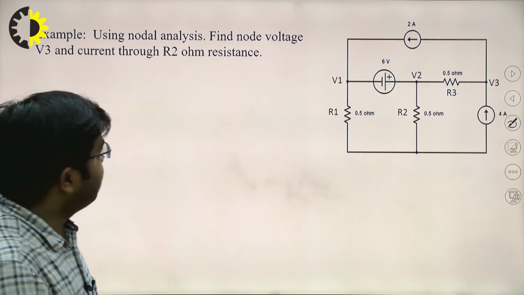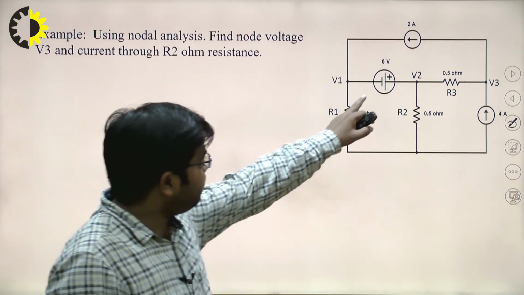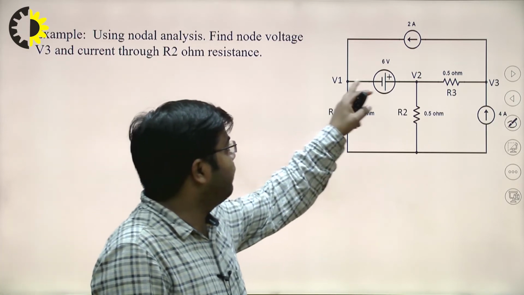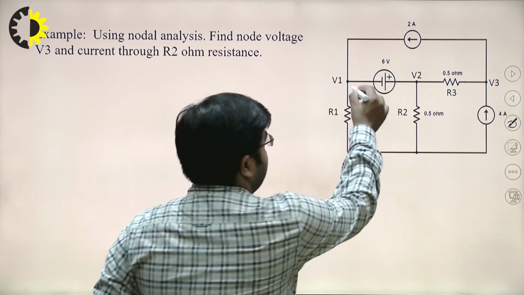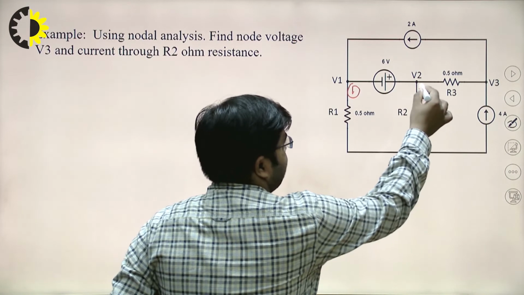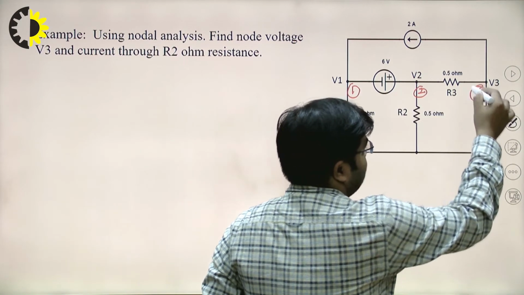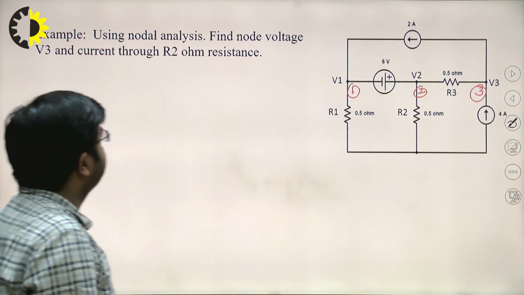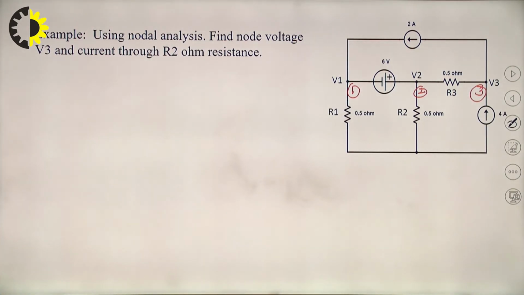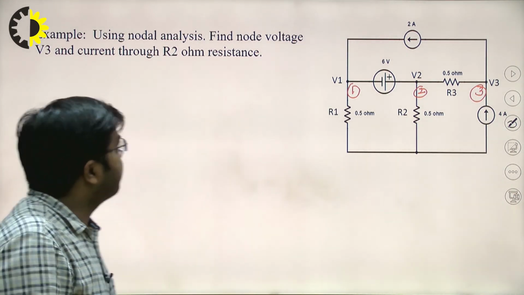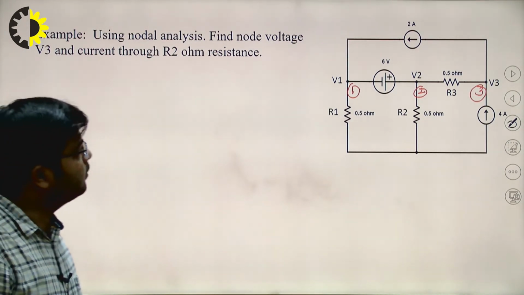So in this problem you can see 6 volt voltage source is connected between node 1 and node 2, and assume that this is node 3. Okay. So in this example, just using nodal analysis, find the node voltage V3 and current through resistance R2.